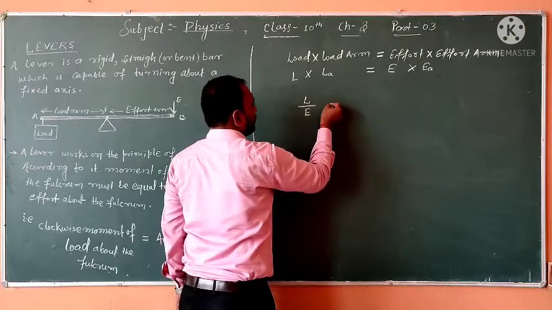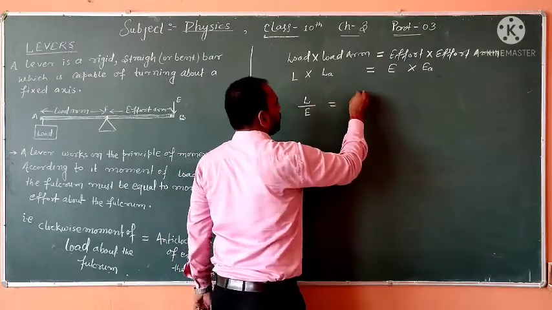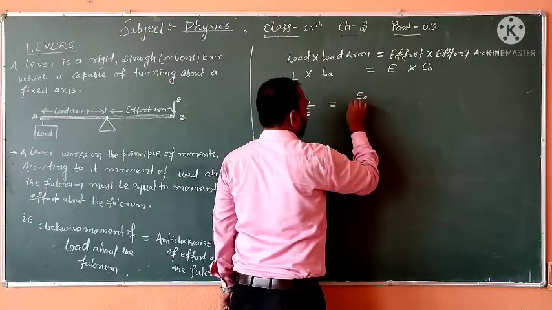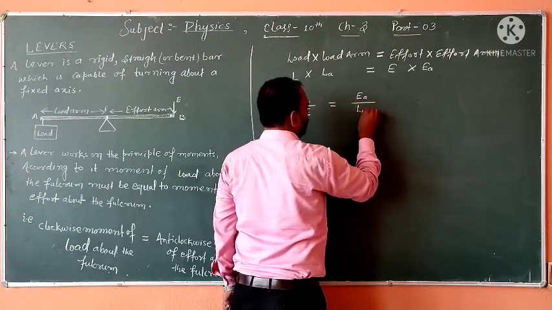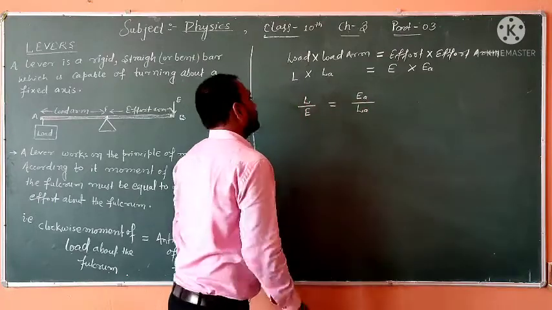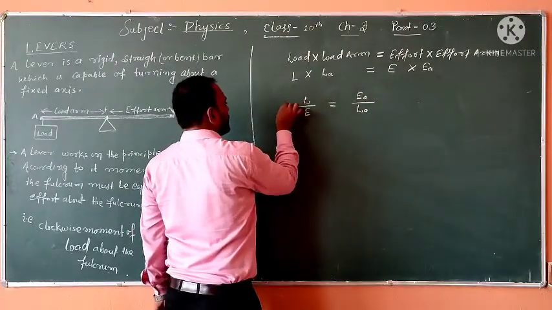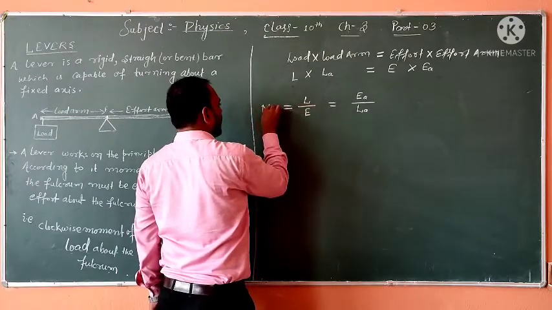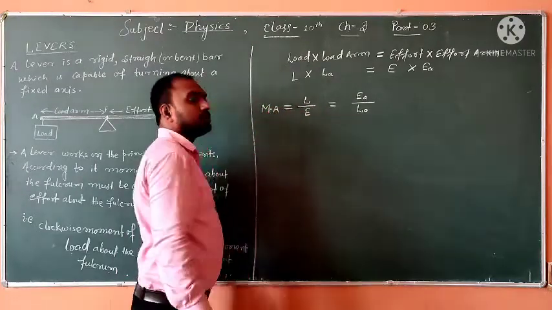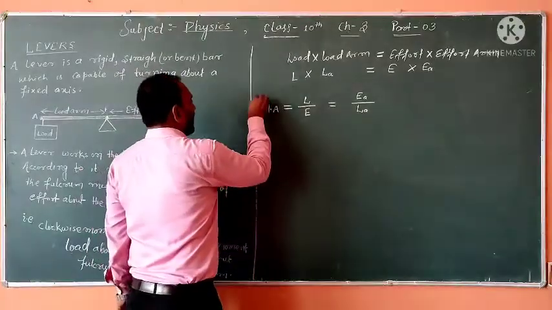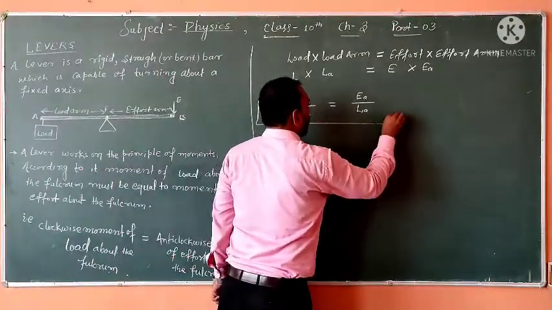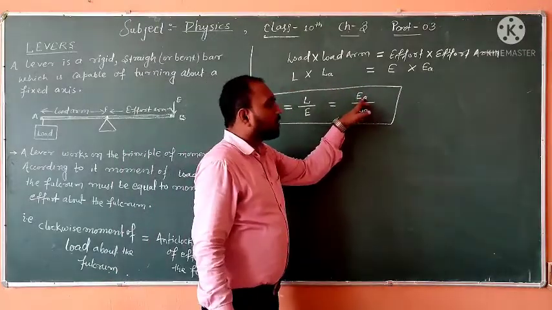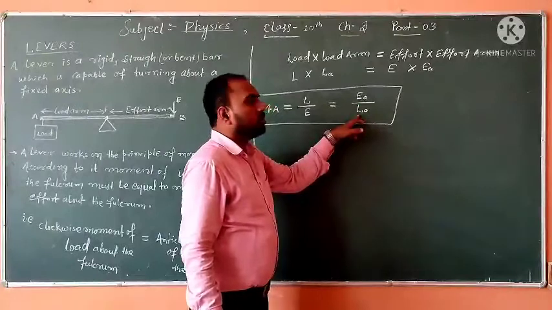load upon effort is equal to effort arm upon load arm. So load upon effort is equal to mechanical advantage, as we know from the last class. So the mechanical advantage of a lever is equal to effort arm upon load arm.